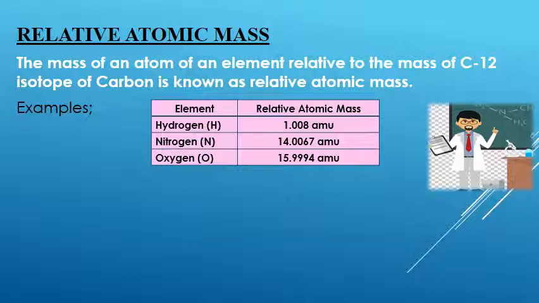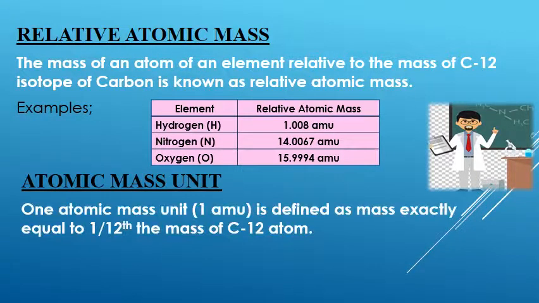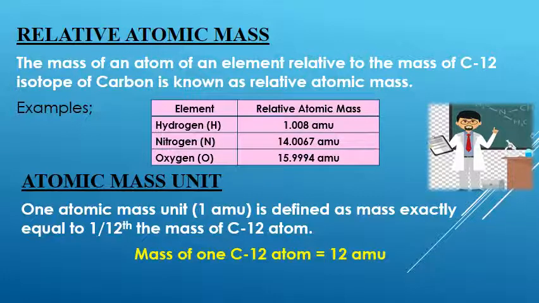Now this AMU is the unit used to describe relative atomic mass. It is known as atomic mass unit, and it can be defined as mass of an atom exactly equal to 1/12 the mass of C12 atom. We know that mass of one C12 atom is 12 AMU.